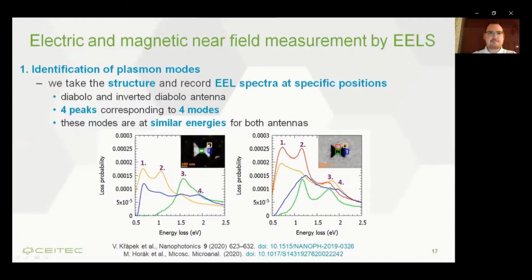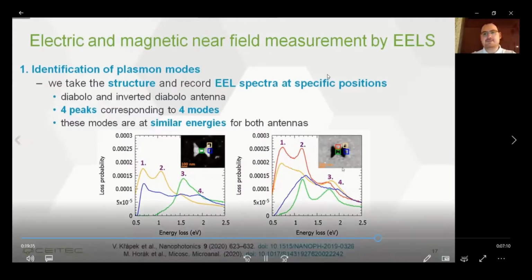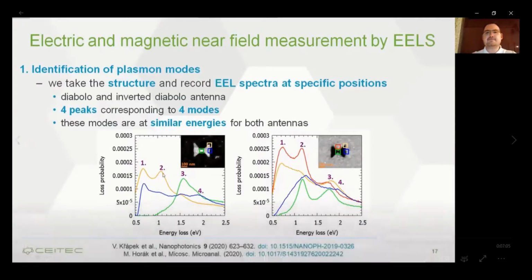We see that in both antennas we have 4 peaks in the EELS spectra, which correspond to 4 different modes. These modes are at similar energies for both antennas, meaning the first peak in the case of the diabolo is at approximately 0.7 eV, and the first peak in the case of the inverted diabolo is also at 0.7 eV. It means we have the same mode in 2 complementary structures.